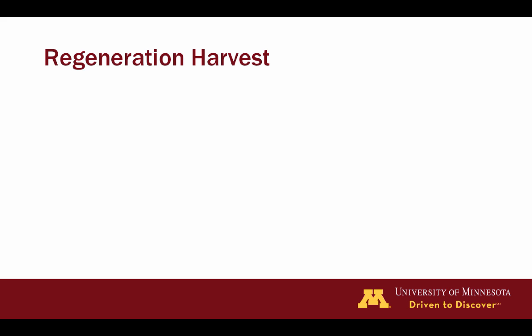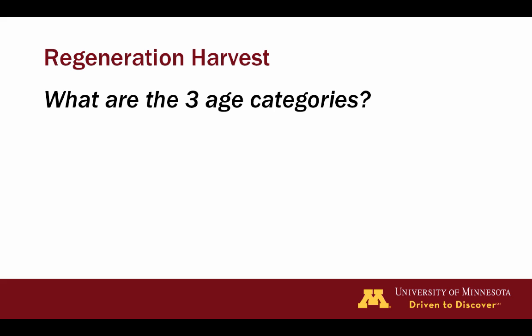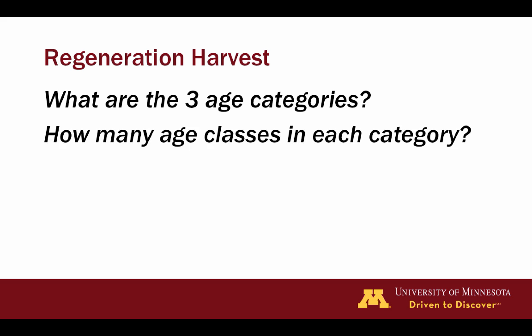And we'll talk about that as we go through. So, a regeneration harvest. A big thing of how we classify regeneration harvest is based on the age classes or the age cohort. So, what are the 3 different age categories which we can classify different regeneration harvest into? And importantly, how many age classes are in each category?